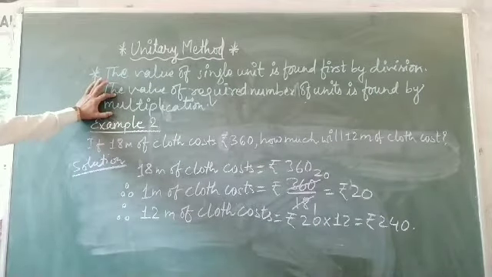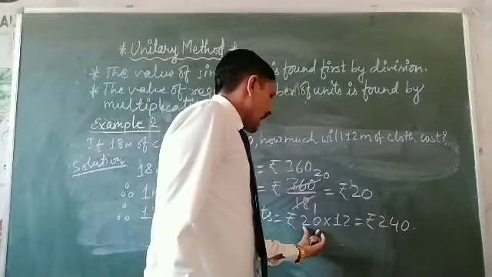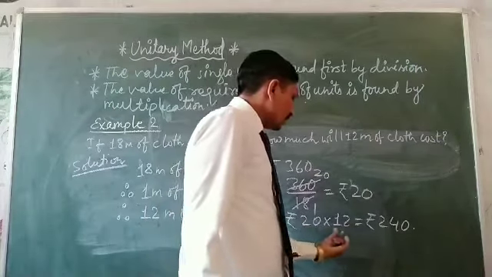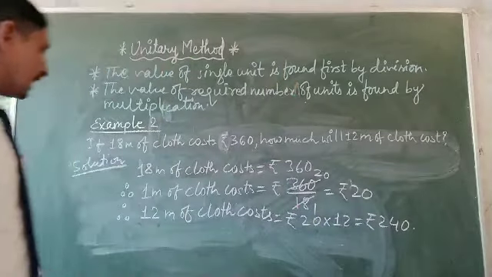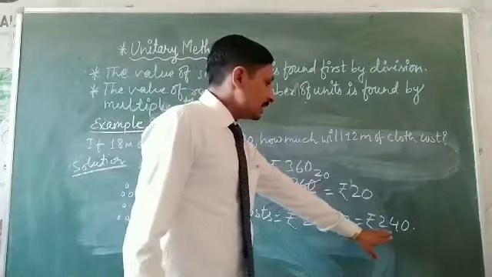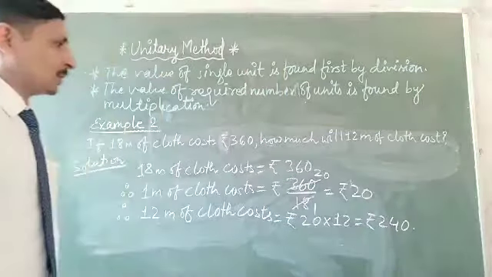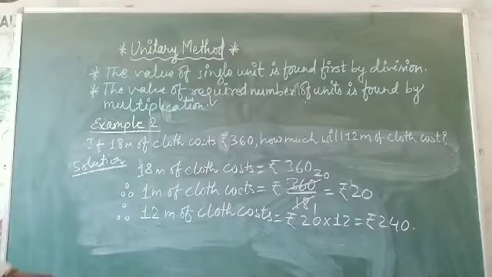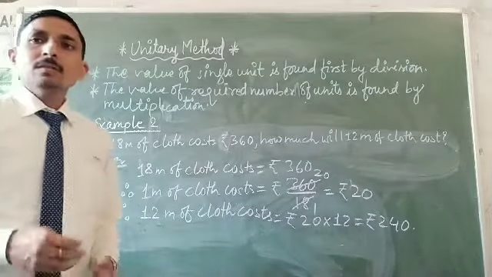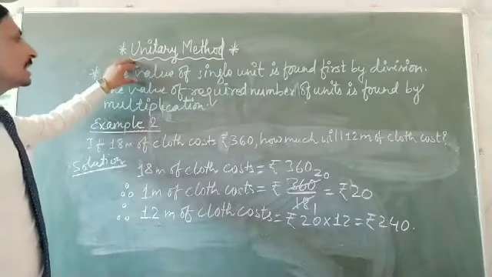That means the cost of 12 meters of cloth is 240 rupees.